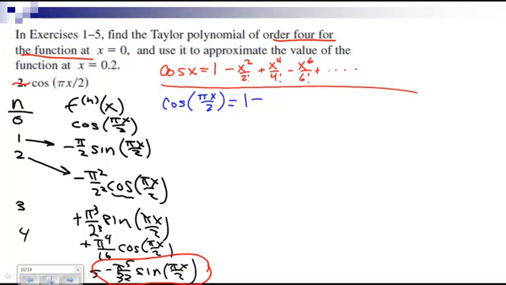1 minus pi squared over 4 times 2 factorial, x squared over 2 factorial. No, you missed 2 factorial. Oh, 2 factorial. This squared is 4 times another 2. It's 8. Okay, plus, because we've got to get at least to the fourth order, pi to the fourth, x to the fourth. 2 to the fourth is 16 times 4 factorial, which is 24.